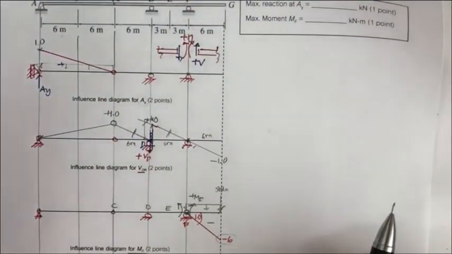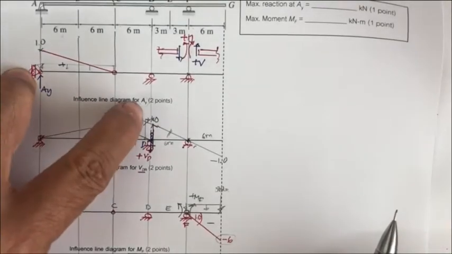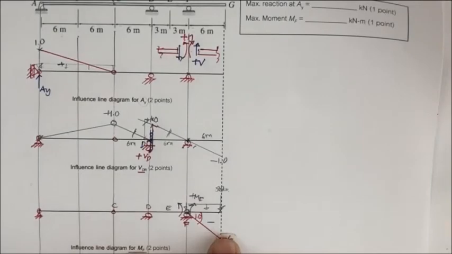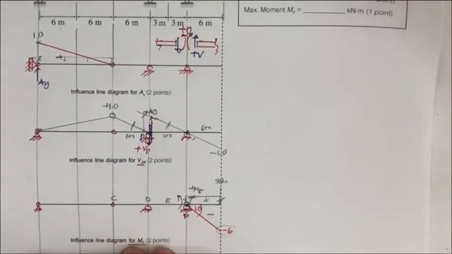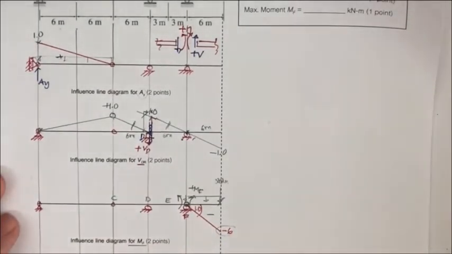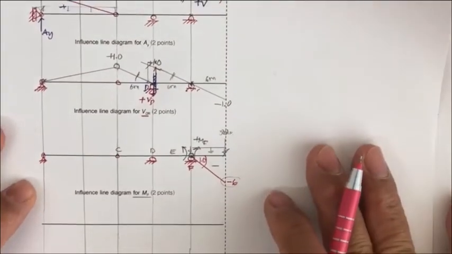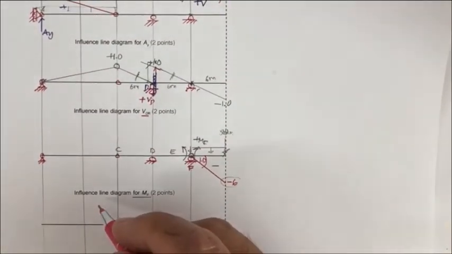So that's supposed to be the loading pattern to produce maximum M sub f. Okay. If you can understand that, we come down to draw the pictures for that.